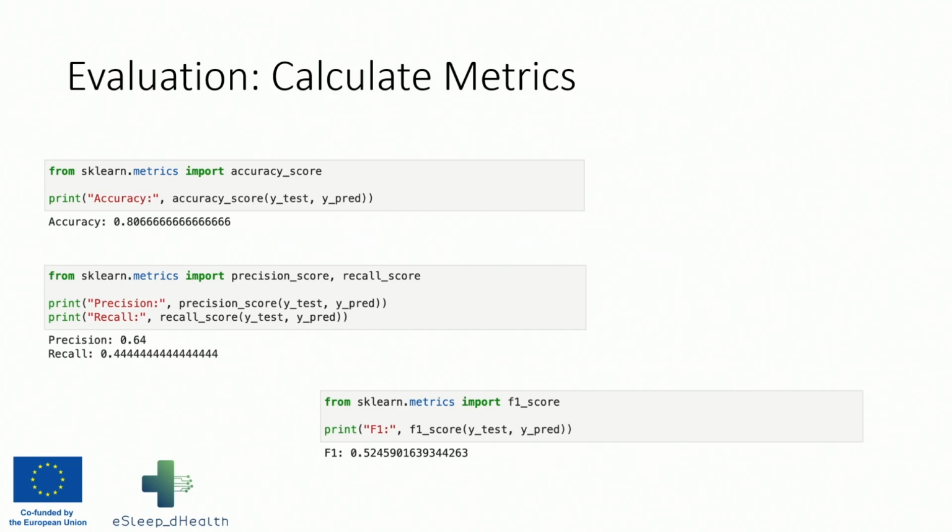So we import from scikit-learn.metrics the function accuracy_score, and then we just call the function accuracy_score and fill in the parameters. So the parameters we need are ytest and ypred, so the true values and the predicted values, and this function will compare both of them and return the accuracy value. The same holds for precision, recall, and the F1 score, as you can see below.